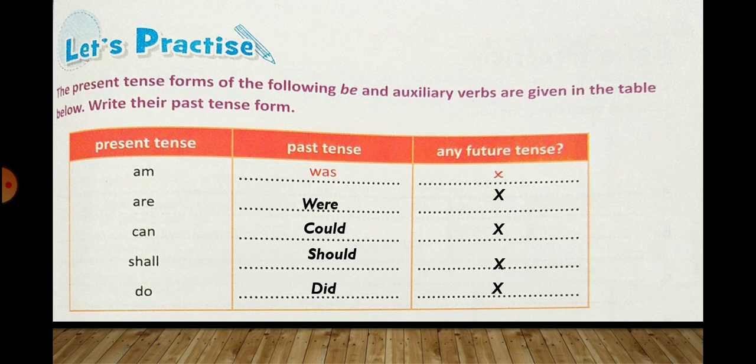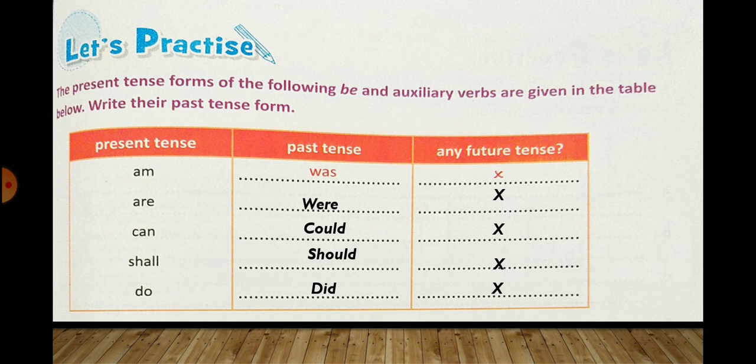For the helping verb can, the past tense is could, and you are going to put a cross for future tense. Next, for shall, the past tense is should, and you are going to put a cross for future tense. Next, last one, the helping verb do. The present tense is do, and the past tense is did, and there is no future tense, so you are going to put a cross.